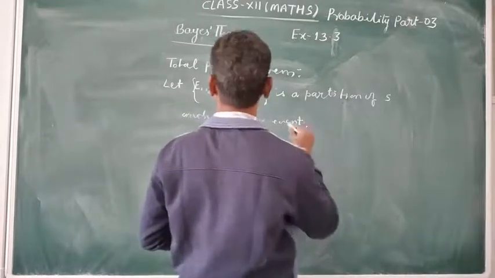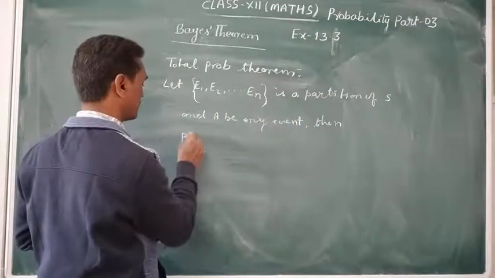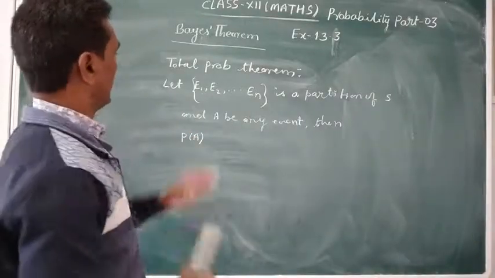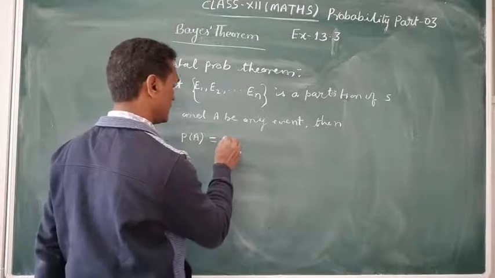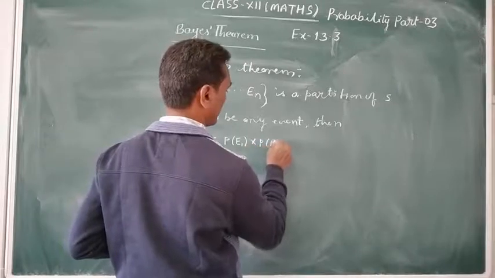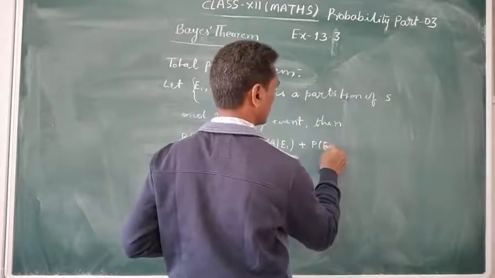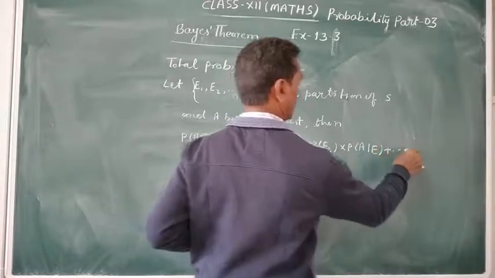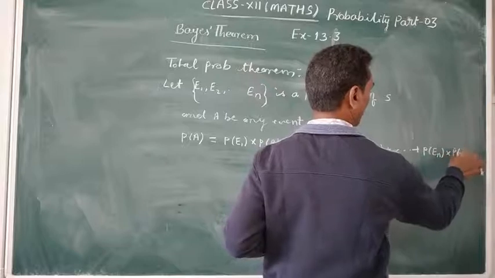Then according to the total probability theorem, here the sample space has been divided into n events, so probability of A will be probability of E1 into probability of A given E1, plus probability of E2 into probability of A given E2, up to n terms, plus probability of En into probability of A given En.